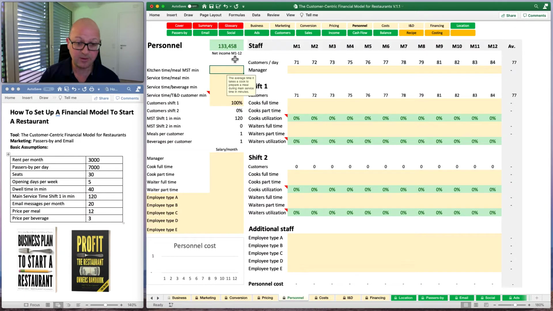And if you're badly organized, it will take much longer. In this figure, the kitchen time per meal, MST, only includes the time the cook needs to prepare the meal during the MST. It does not include the preparation time before the rush hour.